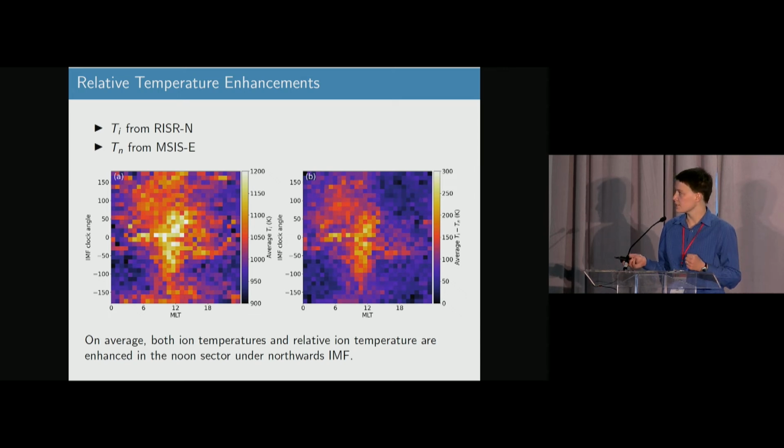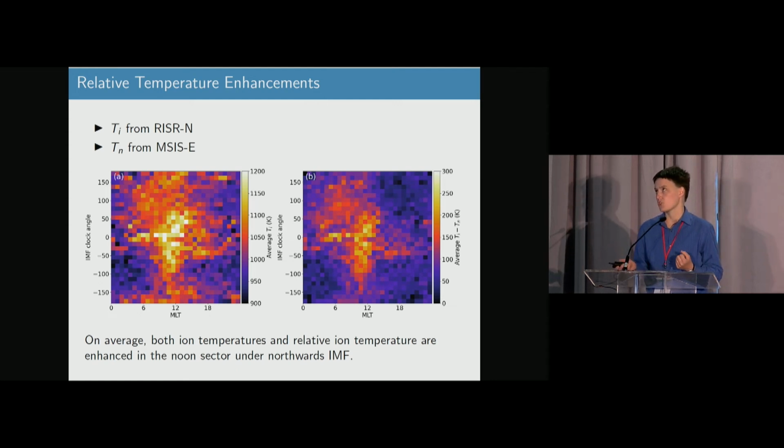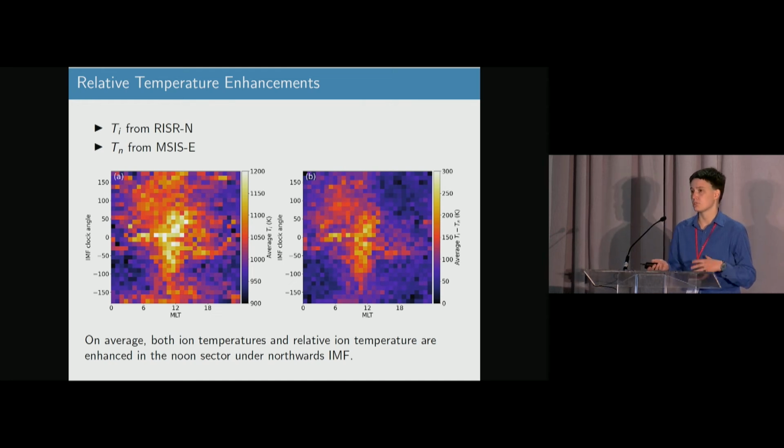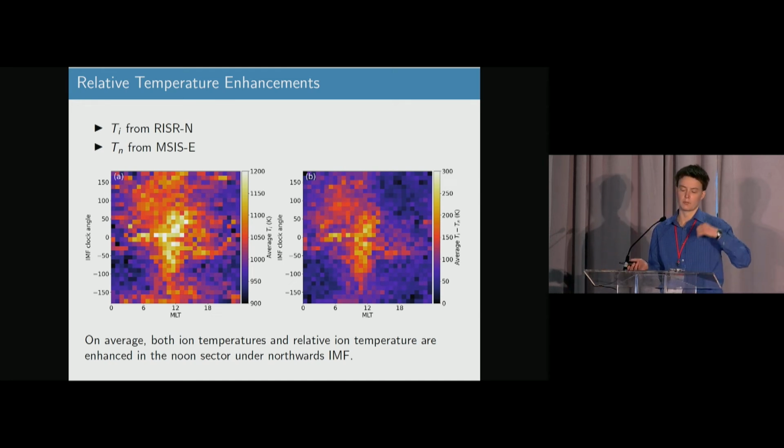And in both cases, there is a fairly substantial enhancement in the average temperature in the noon sector under IMF Bz north, which indicates to us that some of the things we were looking at on the previous slide, so when you're looking at that region where you have sunward convection cells and reverse convection cells, you do have substantial heating under those conditions statistically.